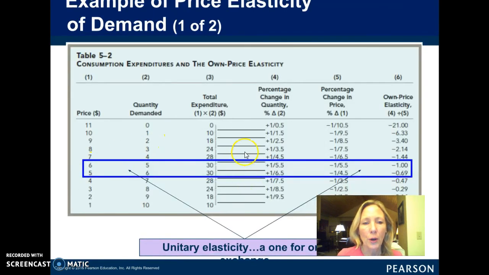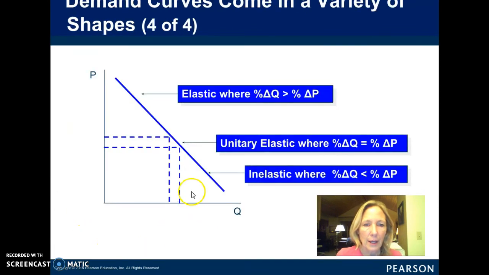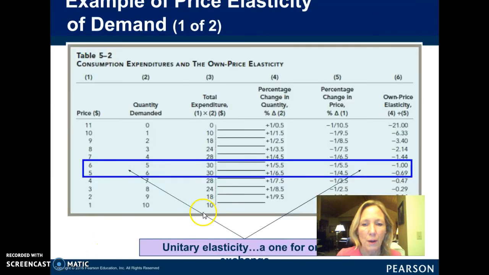Okay, so this shows you, goes back to this line right here. And it does the calculations of elasticity, and it shows you at the top of that graph the good is considered to be elastic, because you have to use the absolute value because it's a negative slope.